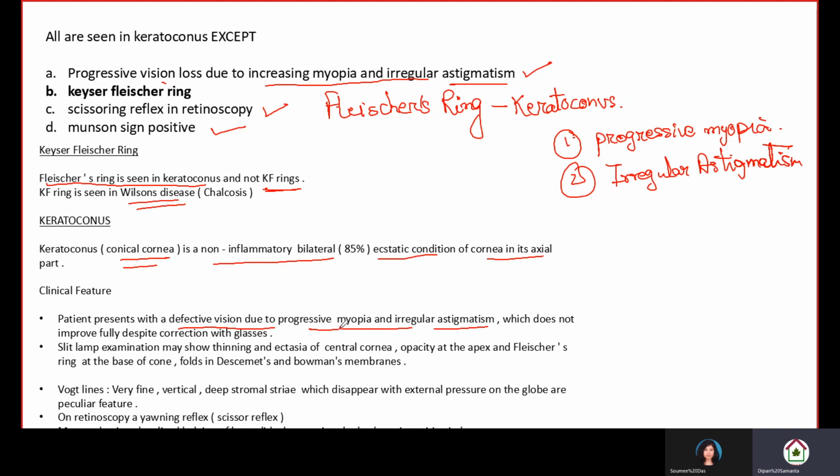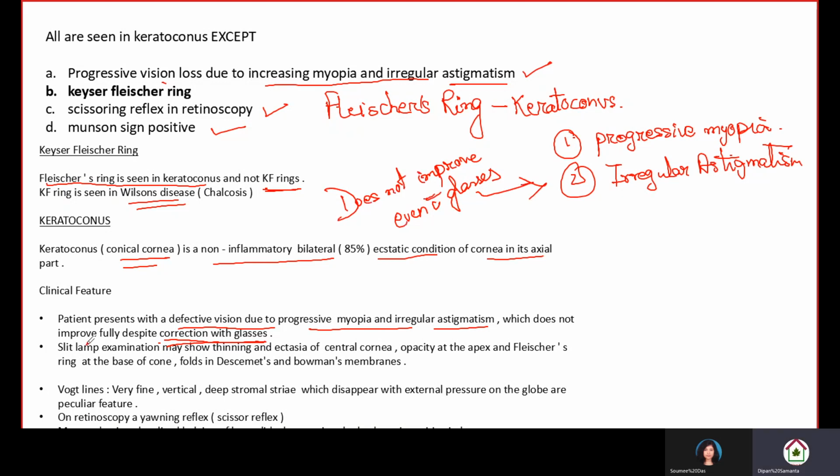Okay, so progressive myopia, irregular astigmatism which does not improve fully despite correction with glasses. This is important. These small things are also important. It does not improve even with glasses.